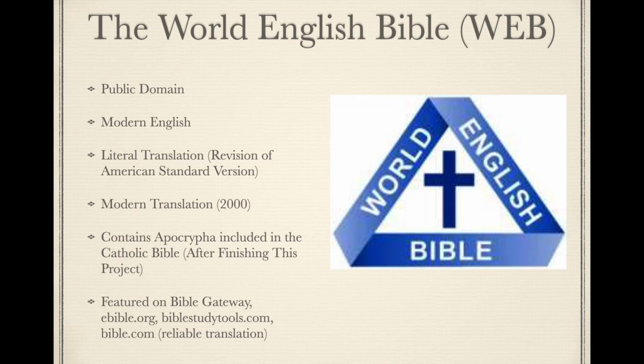And that stems to modern day translations like the New American Standard Bible, the ESV, all those literal translations. And also, this translation is a modern translation. It was finished in 2000, and they've had several updates since then. So it's really clear, good flow, and I liked what I've read from it.